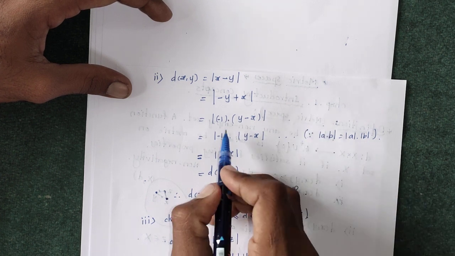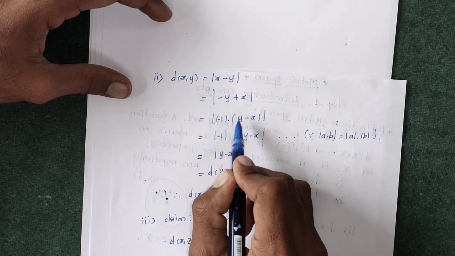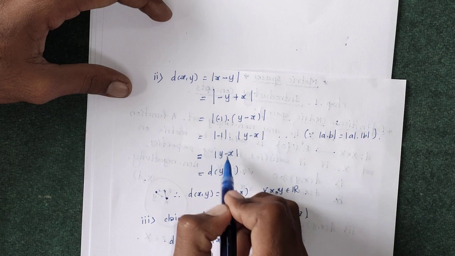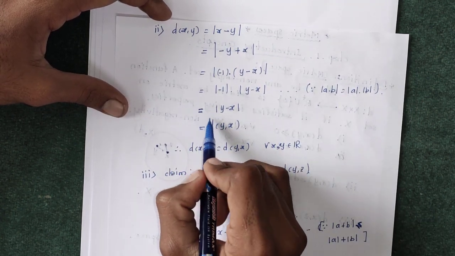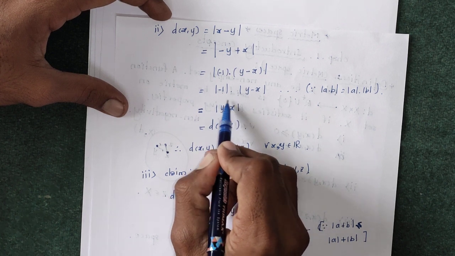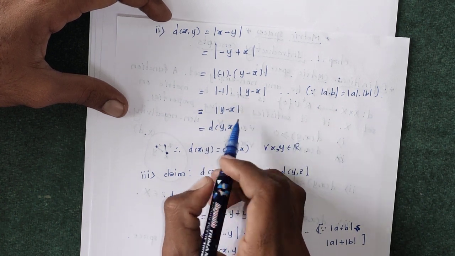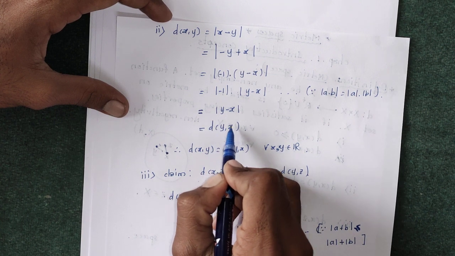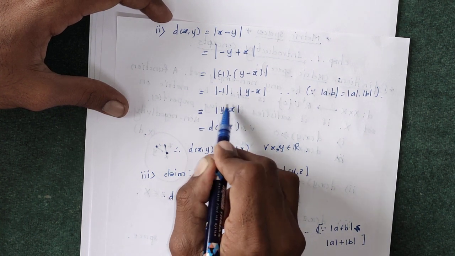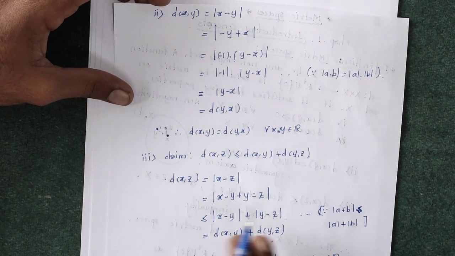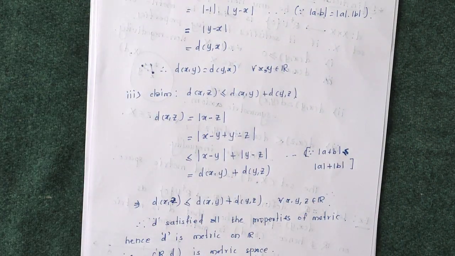Using this property of real numbers, we get mod of minus 1 into mod of y minus x, and mod of minus 1 is 1. So we get distance of xy is equal to mod y minus x, and mod y minus x is equal to distance of yx. If we take distance of yx, then it will become mod of y minus x, and hence distance of xy is equal to distance of yx, and therefore our D satisfies the symmetric axiom.